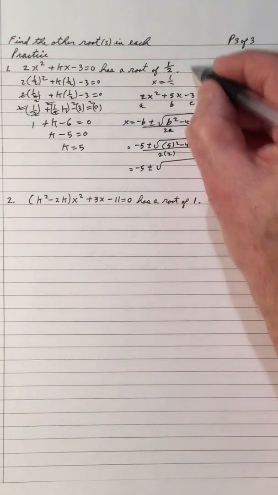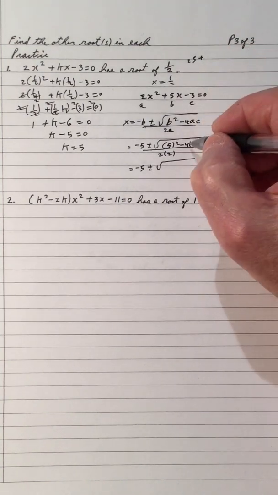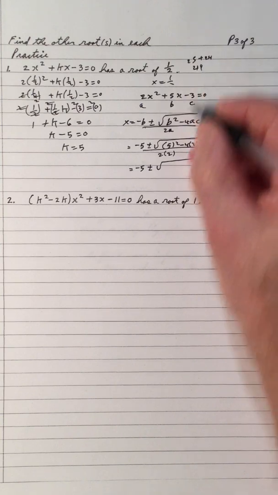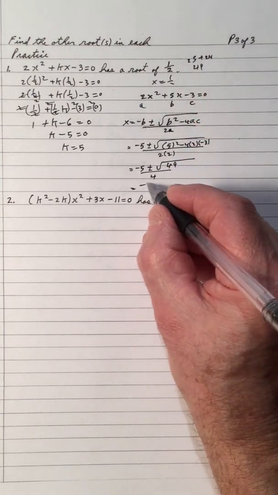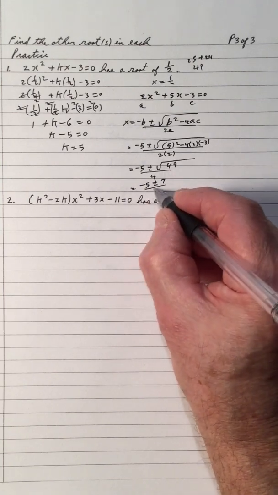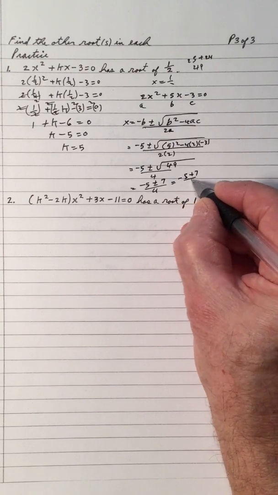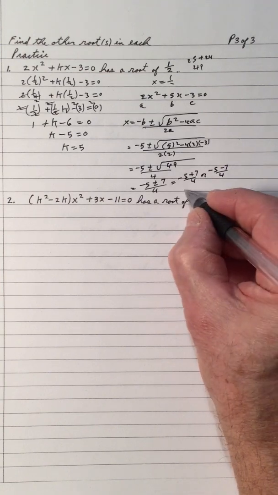5 squared is 25. Negative times negative is positive. 8 times 3 is 24. So that's 49 all over 4. Negative 5 plus or minus the square root of 49, which is 7, over 4. So I got negative 5 plus 7 over 4, or negative 5 minus 7 over 4.